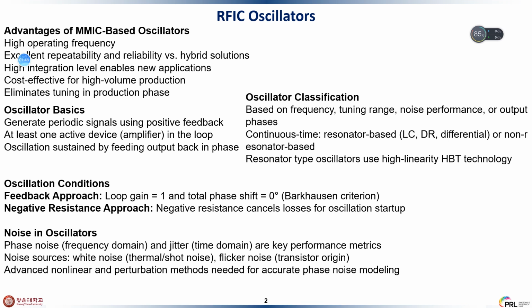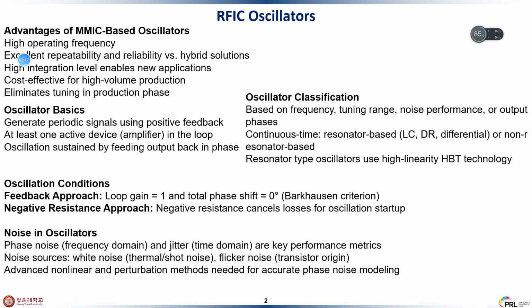And the noise in the oscillators is mainly from the device noise, like the thermal shot noise or the flicker noise. The flicker noise is from the transistor origin, and one is the phase noise, like the frequency domain, and the jitter is the time domain. These two domains are key performance metrics.